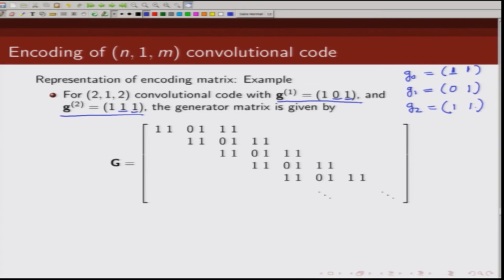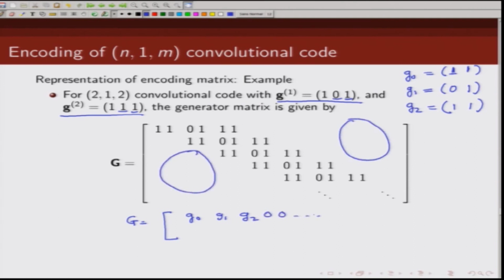So, I can then write my generator matrix, which is of the form G0, G1, G2, and the rest all of these are basically 0. This is G0, G1, G2, and then these are all 0. So, what is G0?